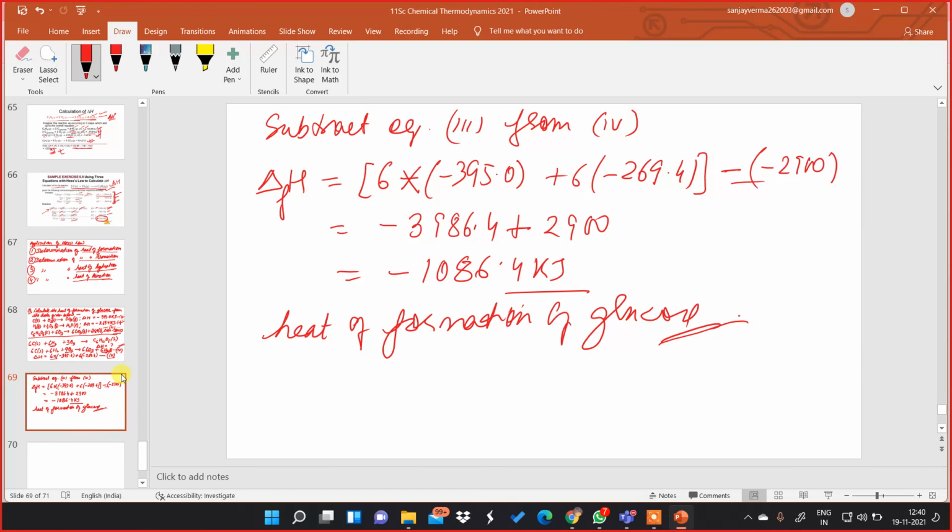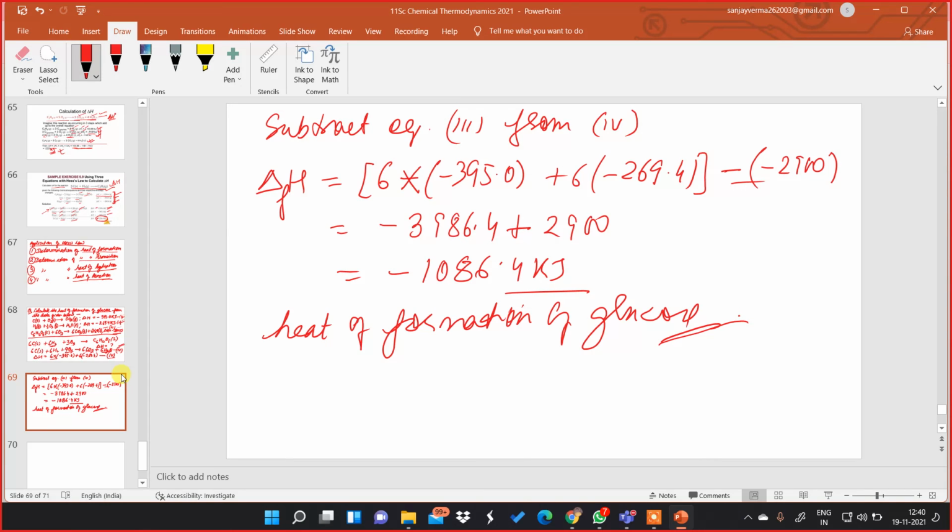So this is one question. Now only numericals are left to be solved from this chapter. I will take one or two more classes, do only numericals, complete this chapter, and then proceed to the next chapter.